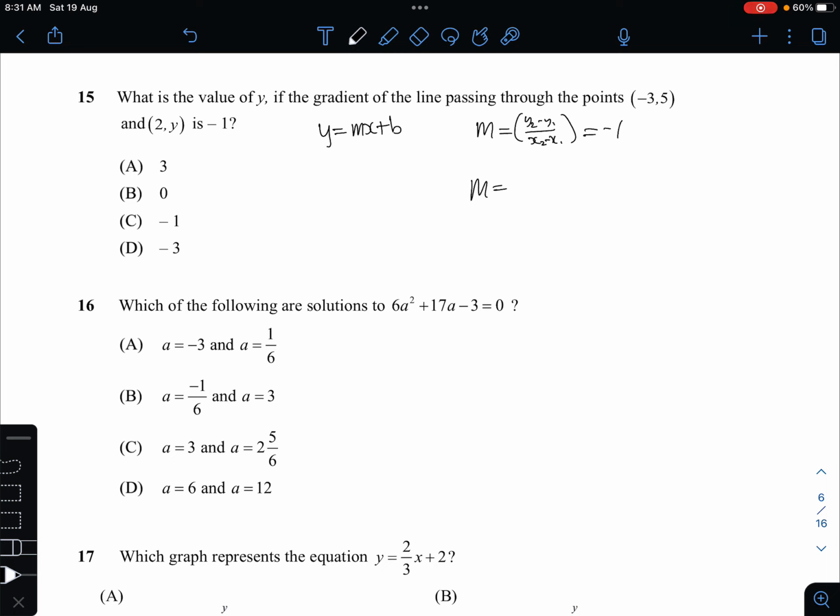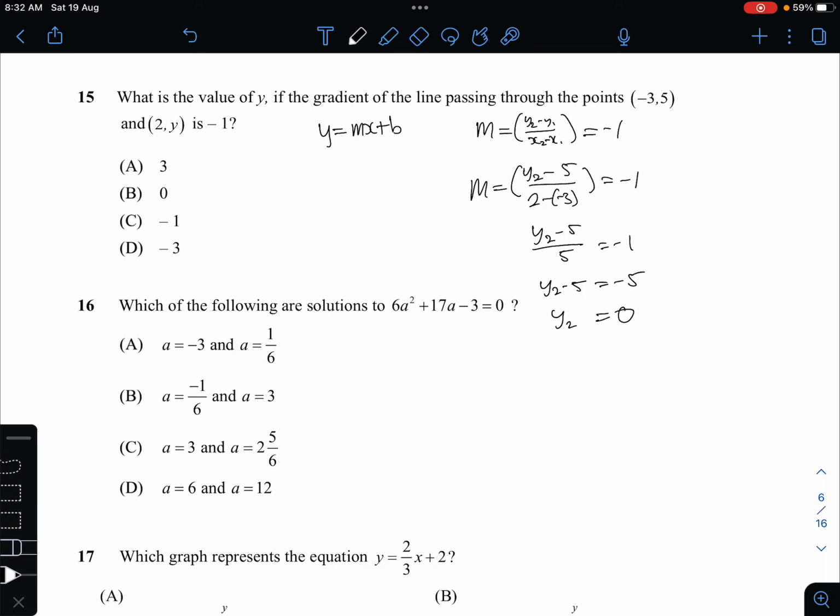m equals y2 minus 5 over 2 minus -3 equals -1. y2 minus 5 over 5 equals -1. y2 minus 5 equals -5. y2 equals 0.